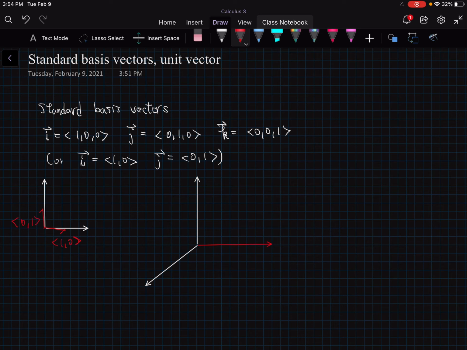In the three-dimensional case, I would be 1, 0, 0, J would be 0, 1, 0, and finally this one will be K, which is 0, 0, 1. So that is called the standard basis vector.